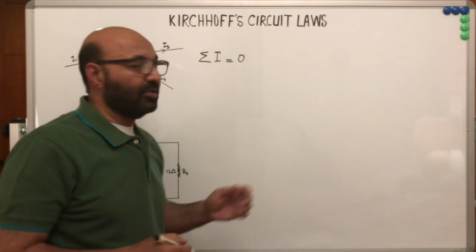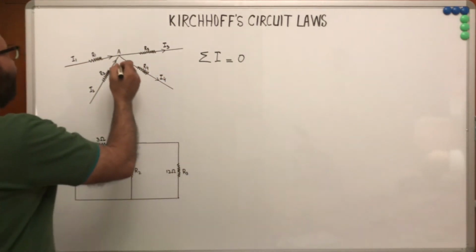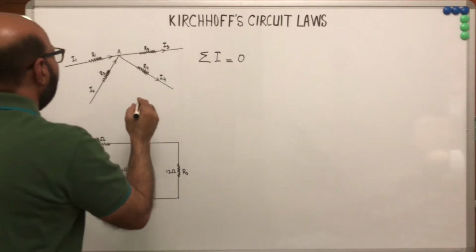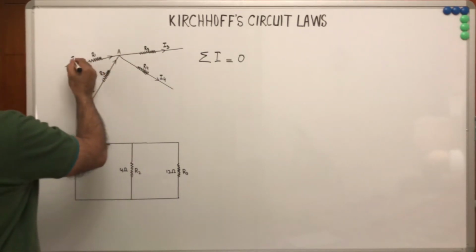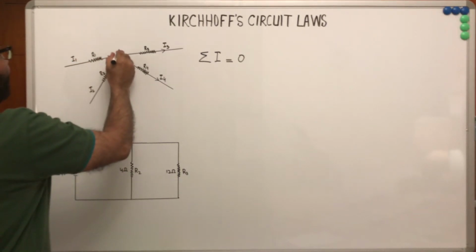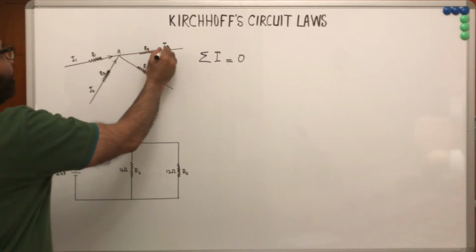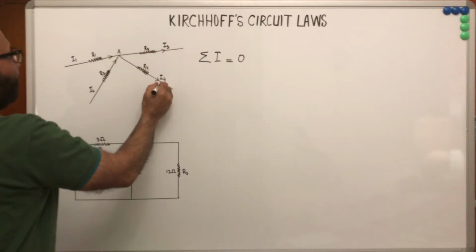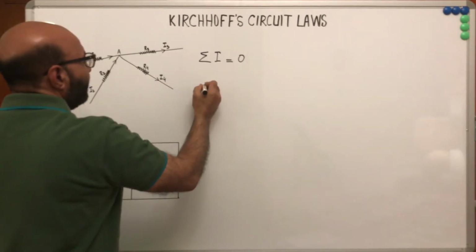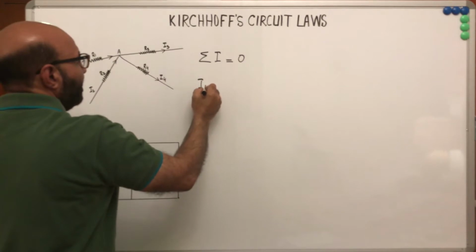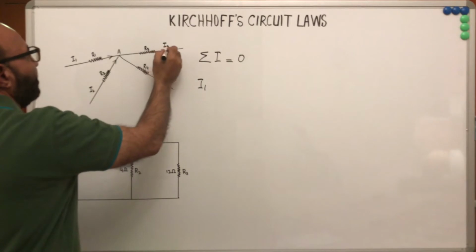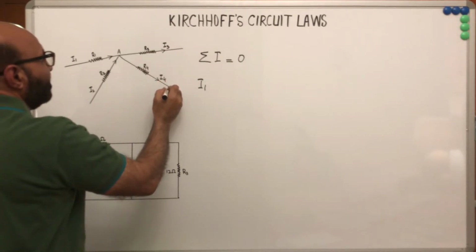Considering this convention, let's look at the example where four currents are meeting at point A. Currents I1 and I2 are moving towards point A, while currents I3 and I4 are moving away from point A. Therefore, I1 and I2 will be considered positive, and I3 and I4 are considered negative.